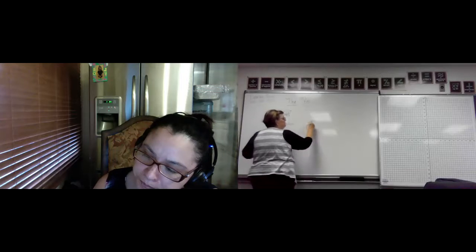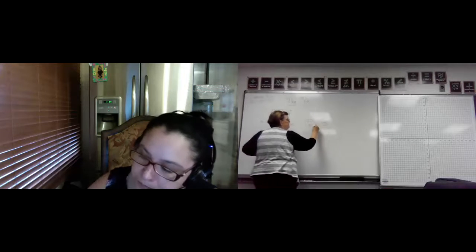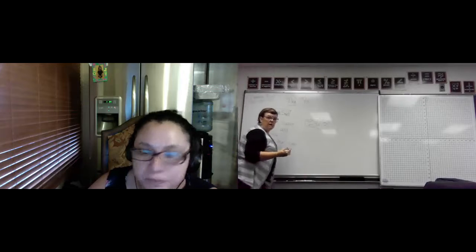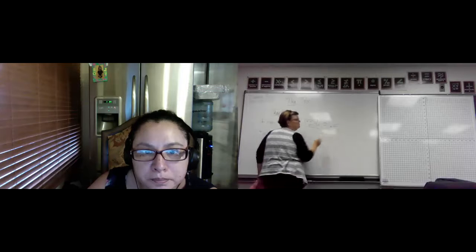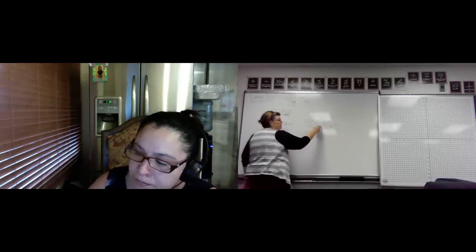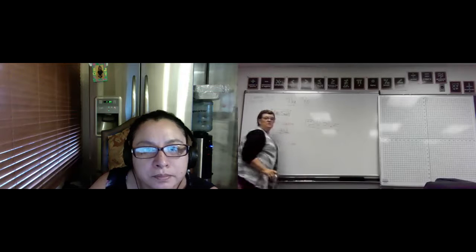If you have 2 plus 3, of course, this one is a positive and this one is a positive. So the signs are the same, so it says to add. If the signs are the same, add, and give it the sign that you're working with. You can put a plus, but they usually don't put a plus.